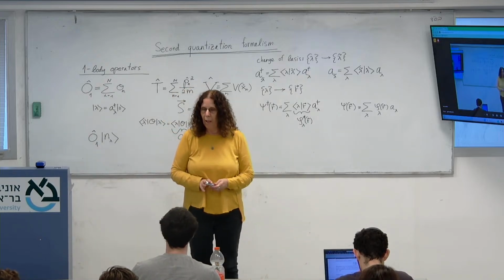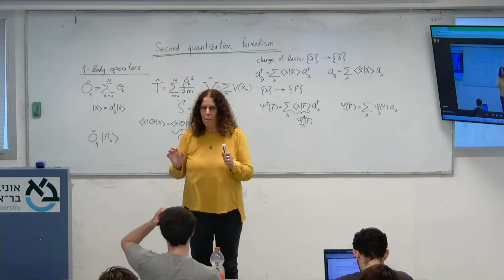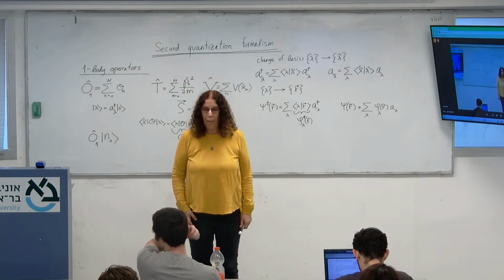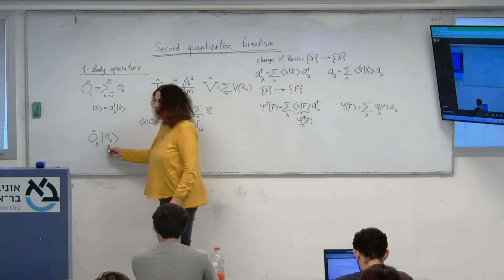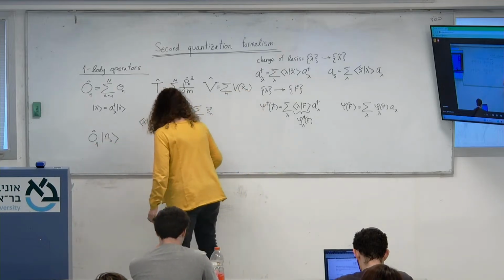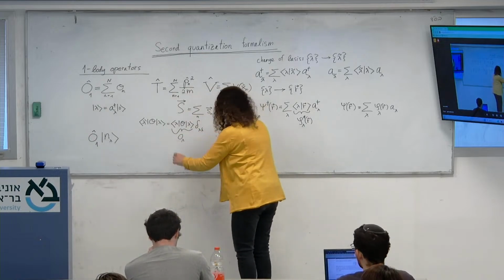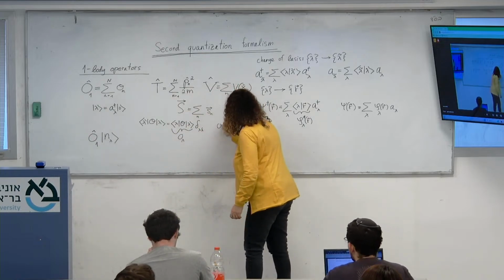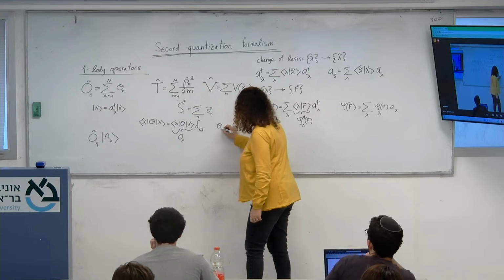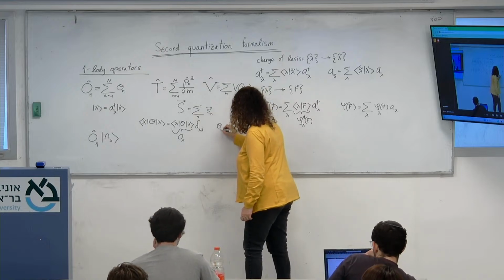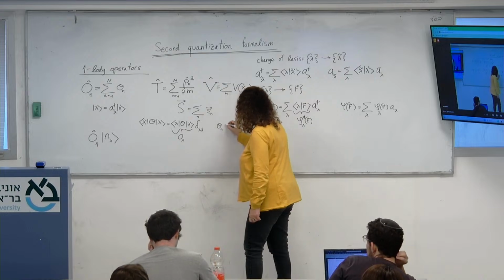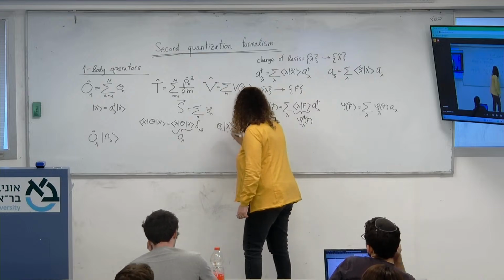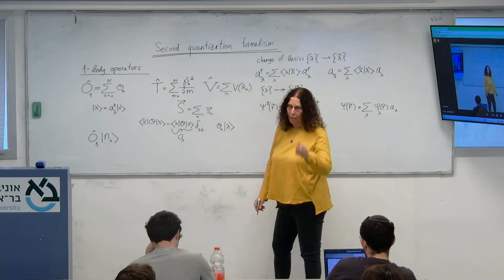Okay? So there are n lambda particles, all of them in one state. What will I get when I apply O1 on this? Before that, let me ask you a simpler question. What happens if I apply this, what I call the little o, on a state lambda?